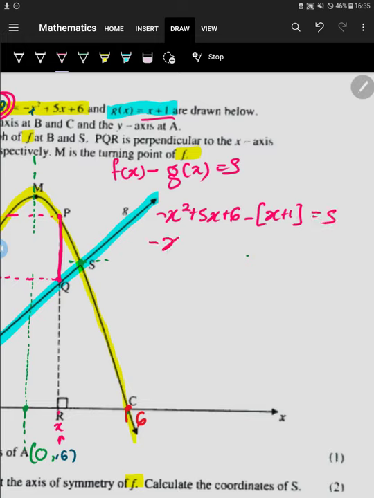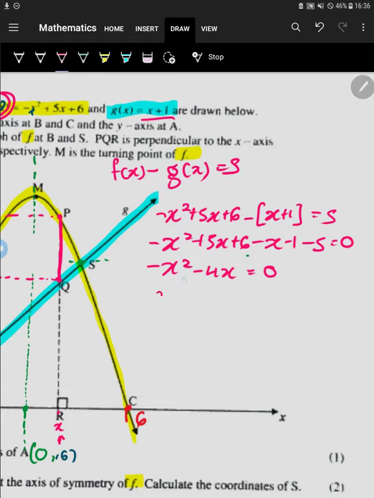Bring this out a little bit. Negative x squared plus 5x plus 6 minus x minus 1 minus 5 equals 0. Negative x squared plus 4x equals 0, because 6 minus 1 is 5, minus 5 is 0, right?